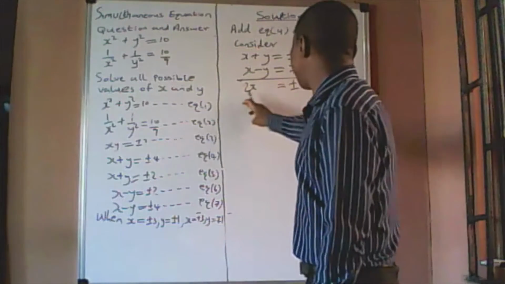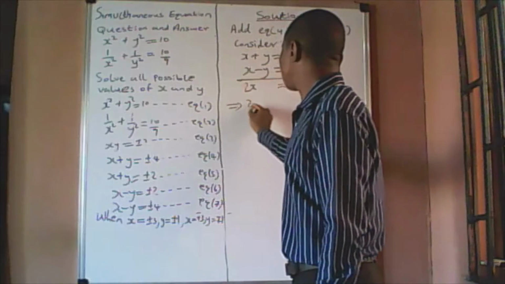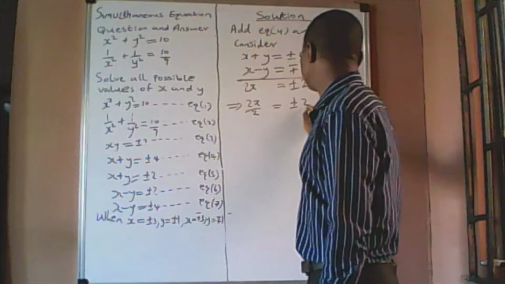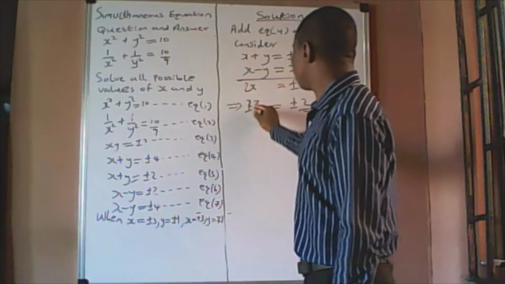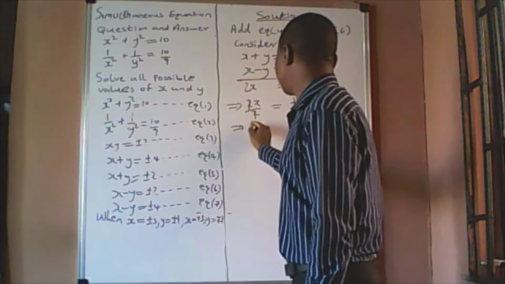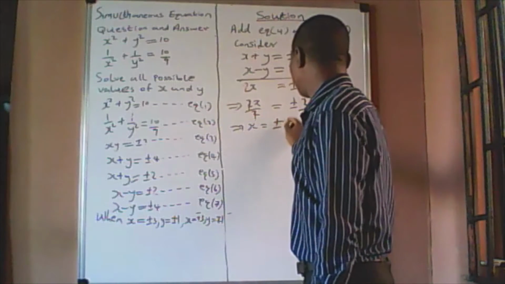We divide both sides by 2. It implies 2x divided by 2 equal to plus or minus 2 divided by 2. 2 we cancel 2, 2 cancel 2, 1. It implies x is equal to plus or minus 1.